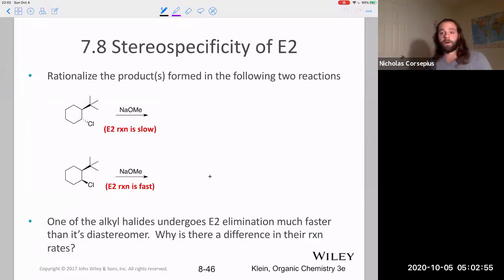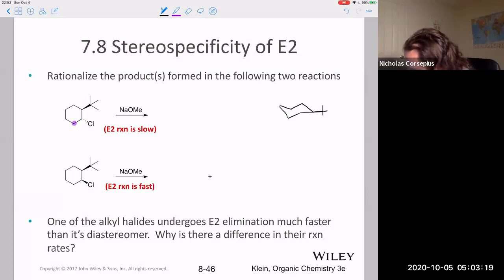And then the last thing is with regard to the chair flip, remember big groups don't like to be in the axial position. So even though we have this beta carbon here that has these hydrogens, if we drew the chair conformation, we would see that when we put that tert-butyl group in the equatorial position, which is where it's going to go because it's so big and bulky, that means that my chlorine on my neighboring carbon is also in the equatorial position.